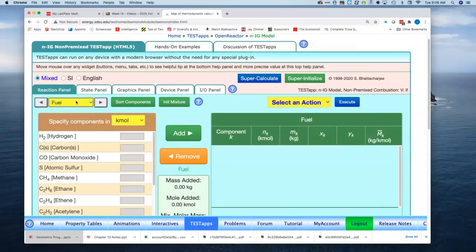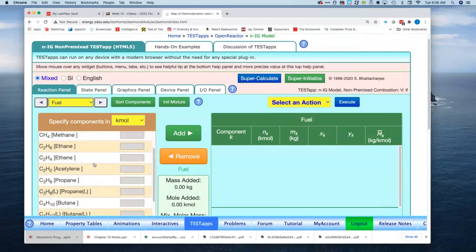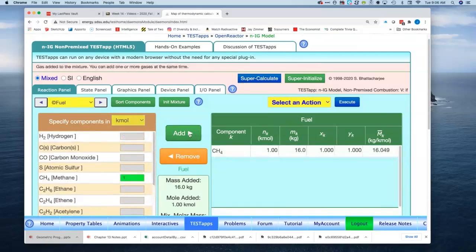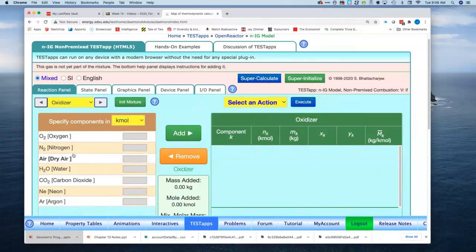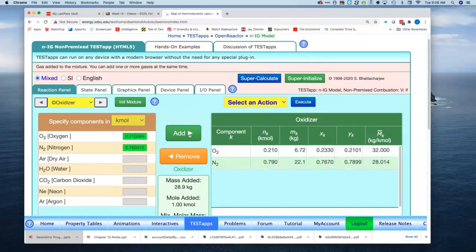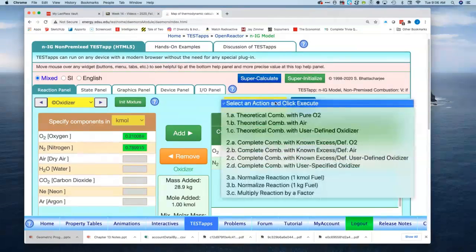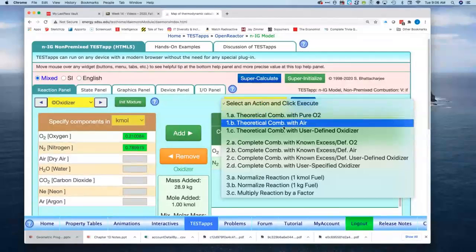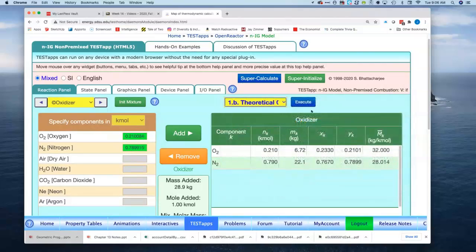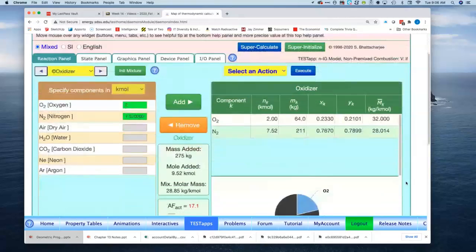They allow you to put in the fuel, and in our case, the fuel was methane, 1 mole of methane. Then when you ask for the oxidizer, we put in dry air. Once we have put in the oxidizer as air, we can go to select an action, and we can say balance those two as a theoretical combustion, and then execute.